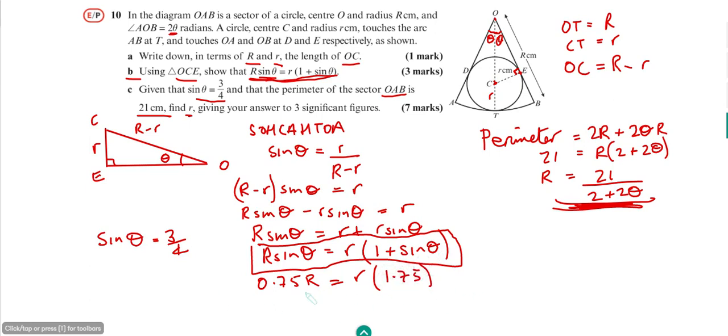So if I rearrange that further, to get small r the subject, I've got that small r is equal to 0.75 times big R over 1.75. And if I use the theta there, we can say that theta is sine minus 1 of 0.75.